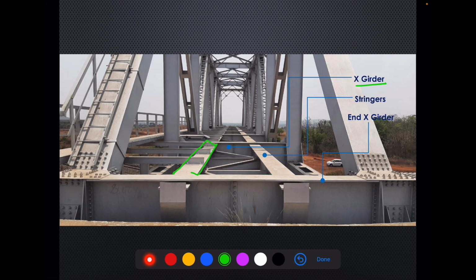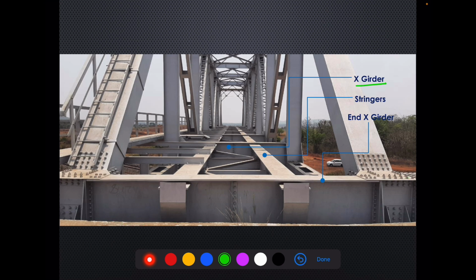So this is a stringer cross girder arrangement. And as we are seeing this girder from the very end, we can say that this is the end cross girder.